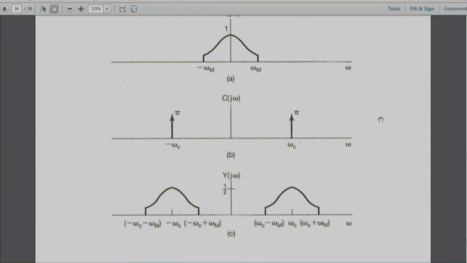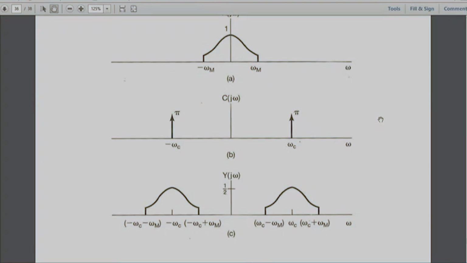conceptually. Now, why do I say conceptually? Because here I've assumed that my omega sub c, the carrier frequency, the frequency of that sinusoid, is bigger than the maximum frequency of the signal. And because of that fact, when we shift to the right, the left-hand edge of the spectrum of the signal is going to be above 0. The left-hand edge is at omega sub c minus omega sub m.